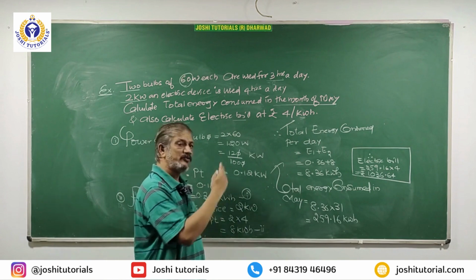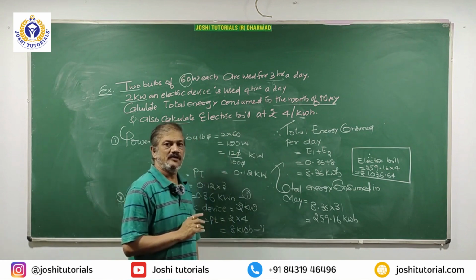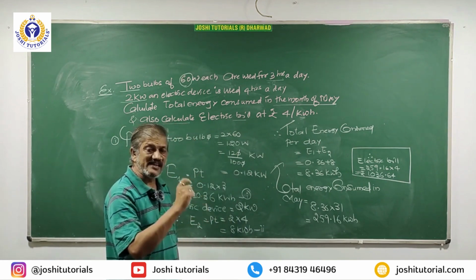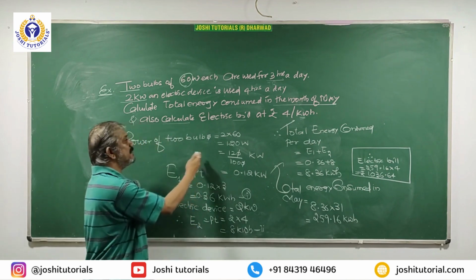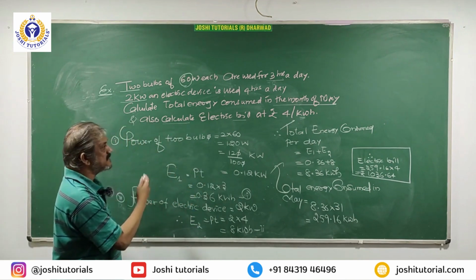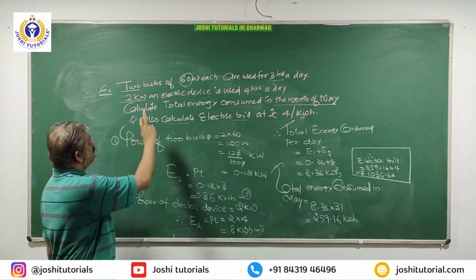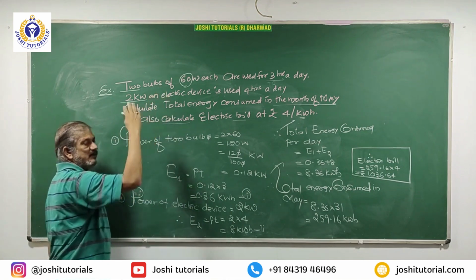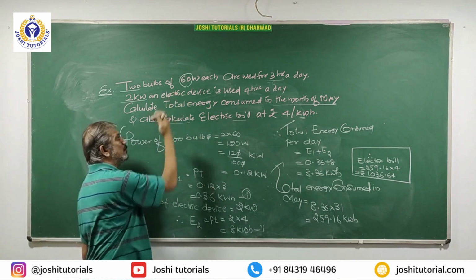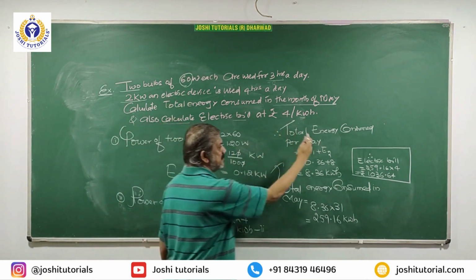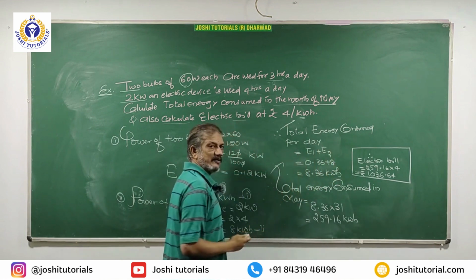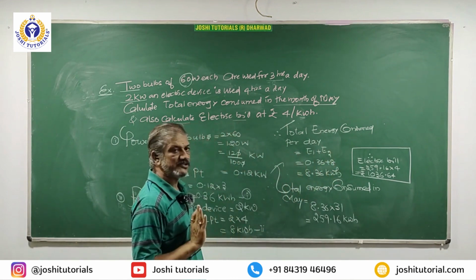How many days? October, 28 days, normal. So in this way, you must know the days present in a particular month. This is another kind where you may get such problems. I have taken here bulbs and one device. They may give you one more device. Then you have to go for E3, then E1 plus E2 plus E3 kilowatt hour. I think it is understood.